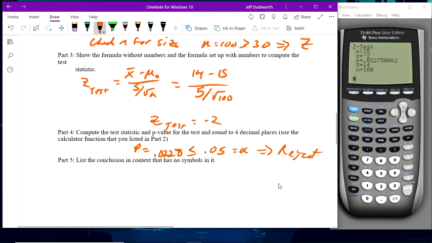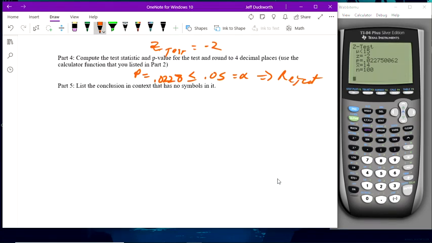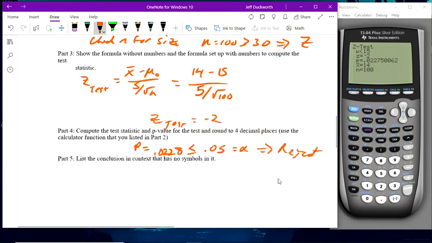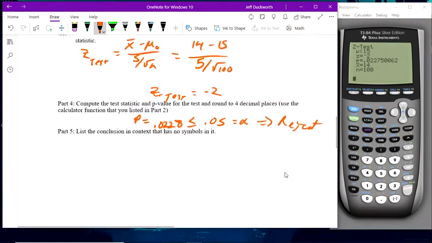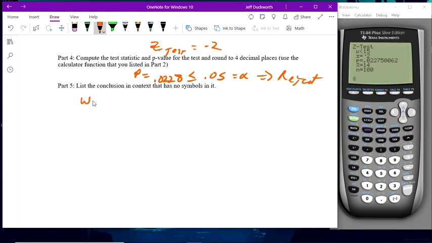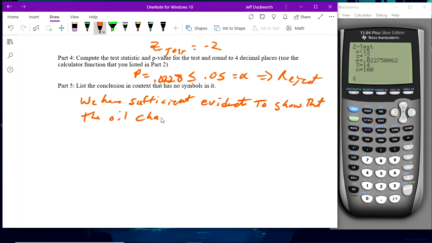And if we put this into the context of the problem, what did we have? Less than 15 minutes for an oil change? All right. So we have evidence to indicate, or sufficient evidence to show that the oil change is indeed under 15 minutes.